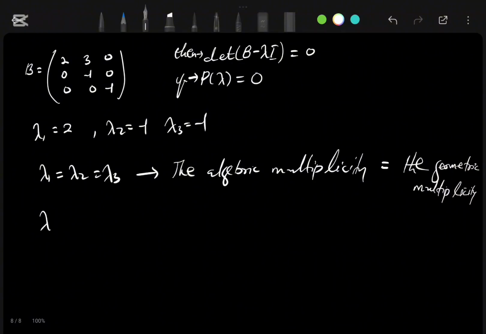And if we have lambda 1 equal to lambda 2, but they are not equal to lambda 3, then the algebraic multiplicity would not be equal to the geometric multiplicity.